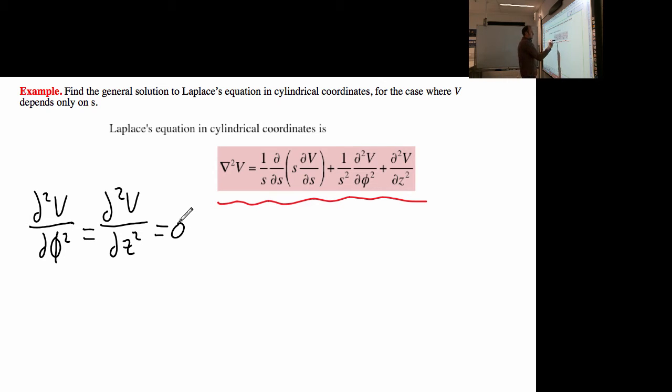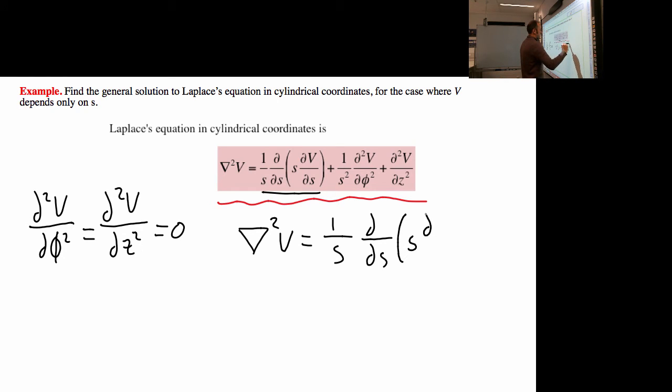So the Laplace equation is just going to depend on that term. If we write this out, the Laplace equation will equal 1 over s, derivative with respect to s of s dV/ds.